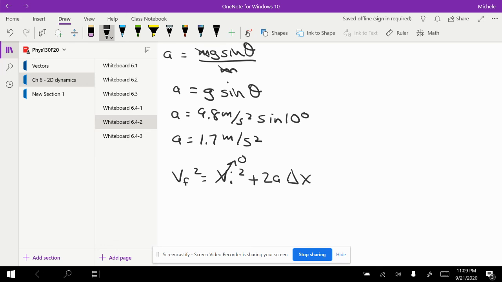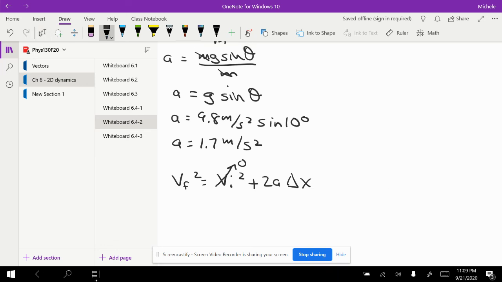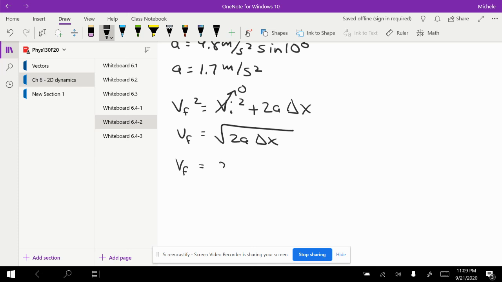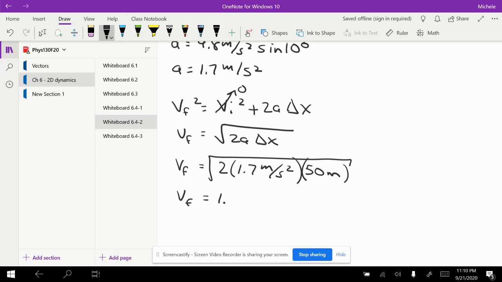I know my a because I just solved for it, and my delta x is equal to 50. So v final is equal to the square root of 2a delta x. Plugging in, I get v final equal to the square root of 2 times 1.7 meters per second squared times 50 meters. And when I solve, I get 13 meters per second.